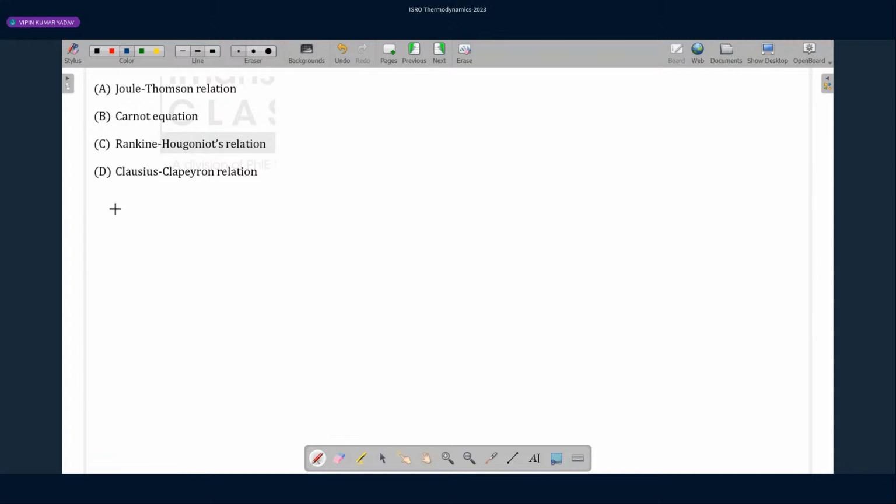So what about the Joule-Thomson relation? If you know, we do this in the throttling process. So it gives you a relationship between general temperature and pressure at constant enthalpy.